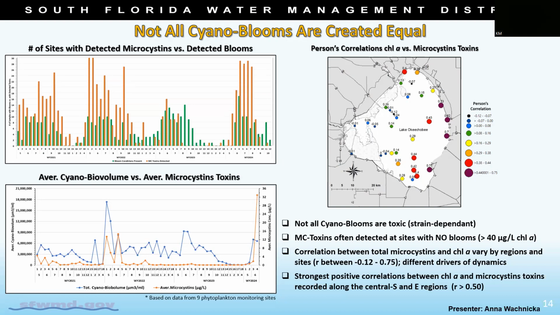However, we see a different story in the central, central south and eastern shoreline area, where usually the higher the chlorophyll A, the higher the toxin concentration.